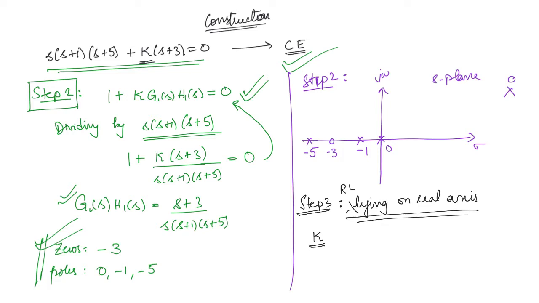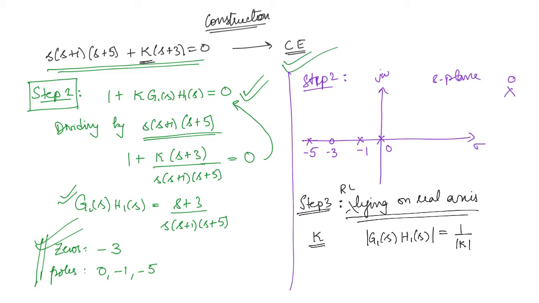By the condition of magnitude, we know that |g1(s) h1(s)| = 1/|k|. Since k is positive here, we don't have to consider mod k, we can simply write 1/k, because we are constructing only for values where k is positive.